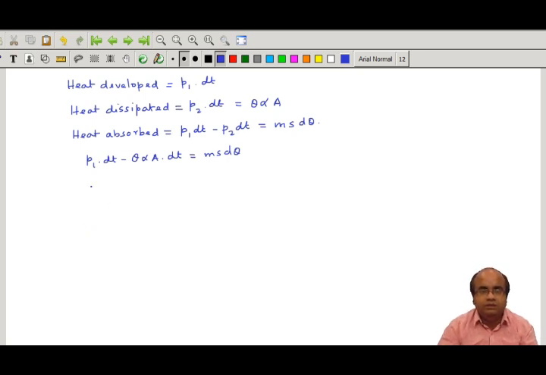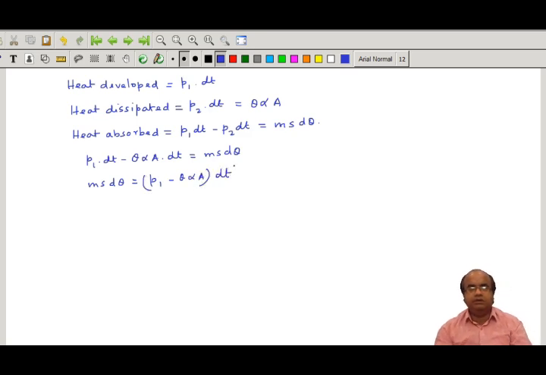That is ms d theta equals P1 minus theta alpha A dt, or ms d theta by dt equals P1 minus theta alpha A.